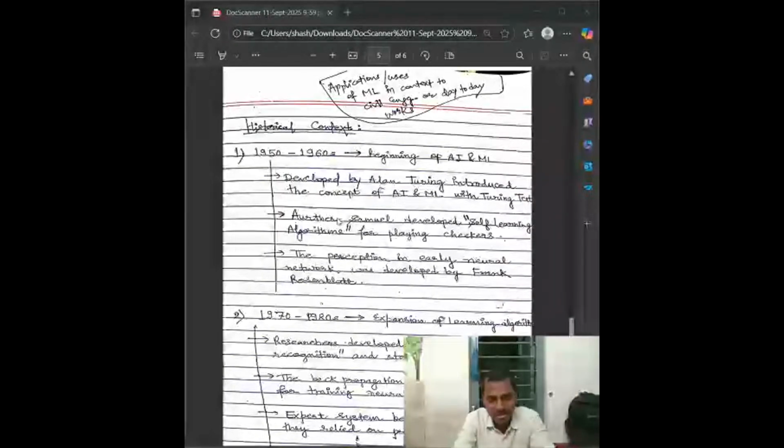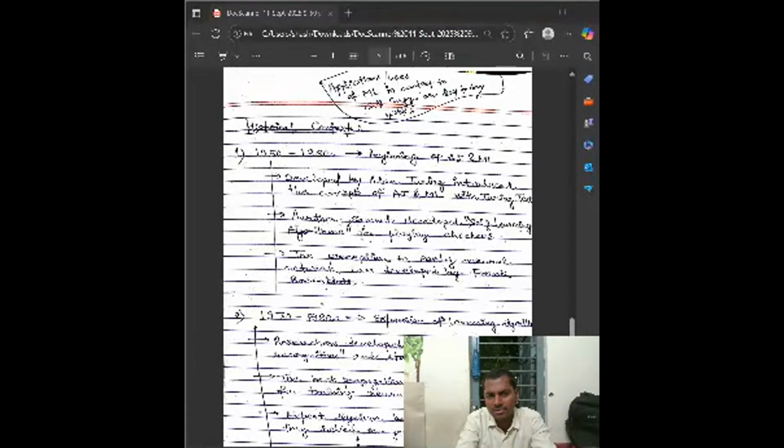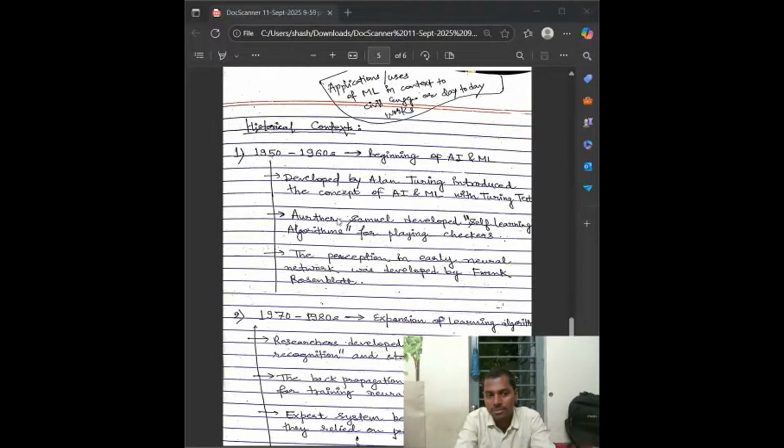How can a machine do all the work like we humans do? That was how the idea of machine learning began in a most advanced way. He first started developing self-learning algorithms for playing the game of checkers.